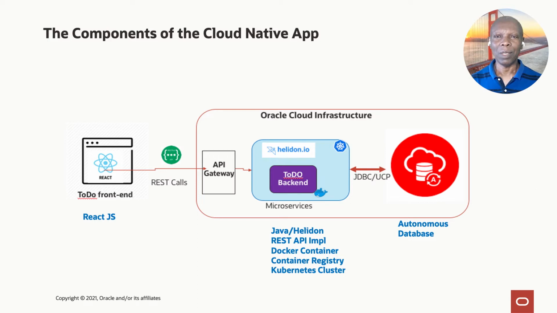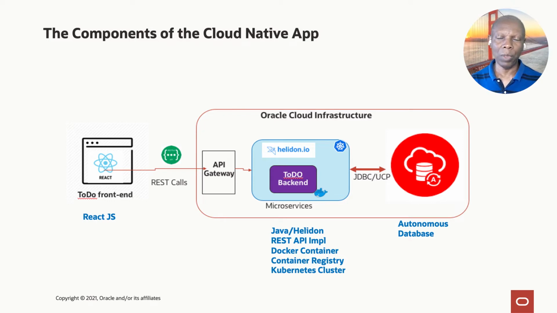Preamble to the discussion. This is a typical cloud native application. It's predominantly a React.js frontend, making REST calls to an API gateway, relaying those REST calls to a microservice-based mid-tier implementing the REST calls.